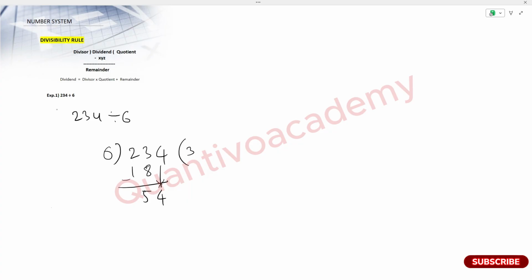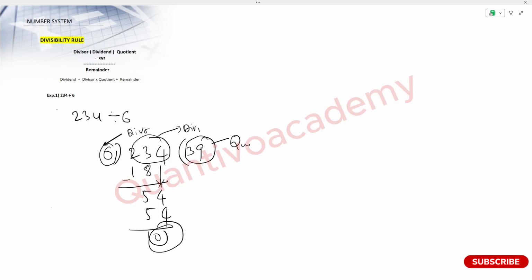Next, 6 9s are 54, and the remainder will be 0. From this we can understand that 6 is the divisor, 234 is the dividend, 39 is the quotient, and this last one is the remainder.